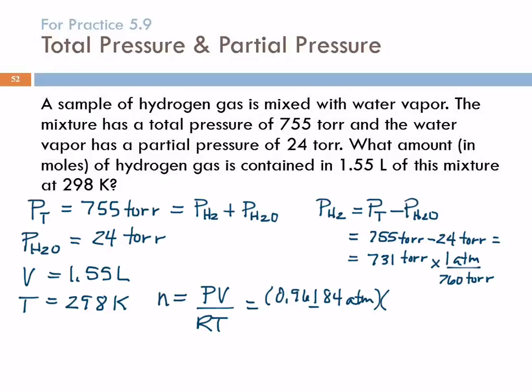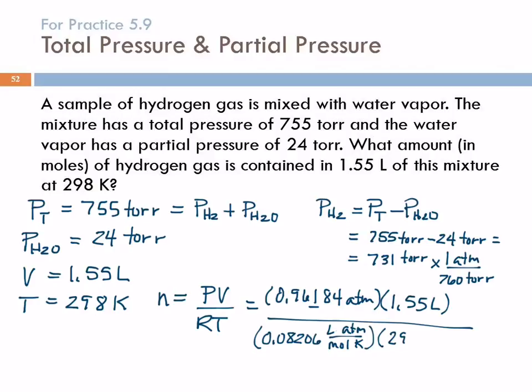And the volume of the gas is 1.55 liters. Our friend, 0.08206 liter atmospheres per mole Kelvin. And then the temperature is 298 Kelvin. Check the units. Kelvins cancel, atmospheres cancel, liters cancel. I end up with moles.